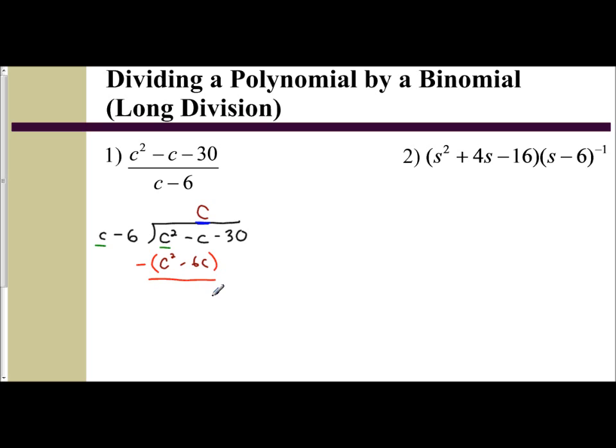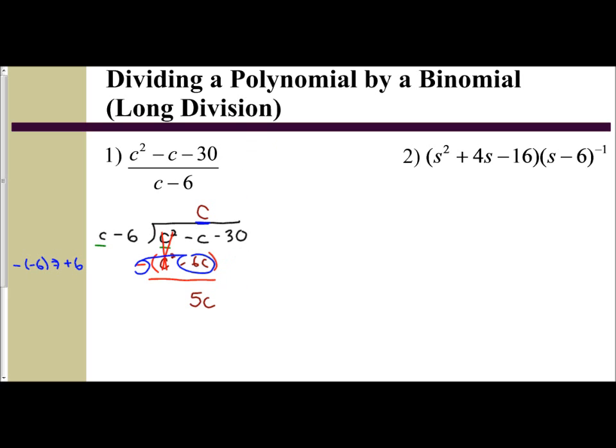And so the first one's very easy because you're trying to eliminate it, and c squared minus c squared is going to cancel each other. The part that you need to remember is you are actually subtracting a negative 6c. And so since you're subtracting a negative 6c, you're really adding 6c. And so negative c plus 6c is going to give me 5c.